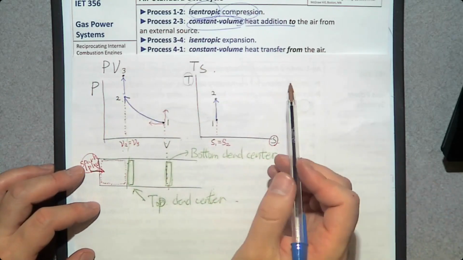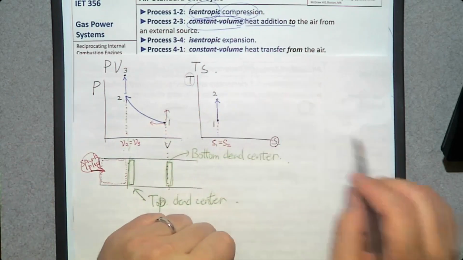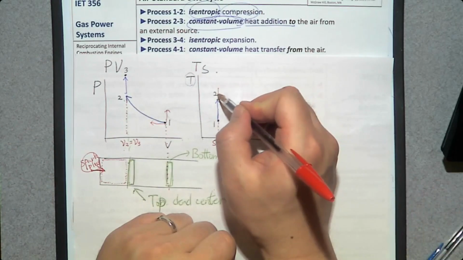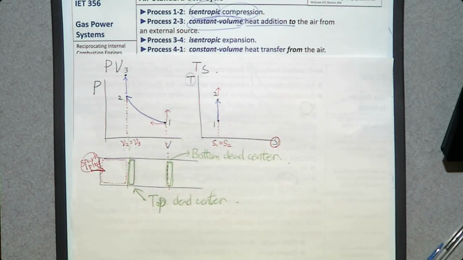On this TS diagram, heat is added between 2 and 3. So temperature should go up. What happened to the entropy? What measures entropy? Entropy shows how much waste energy is in the system. So heat is added. Heat is a waste form of energy.